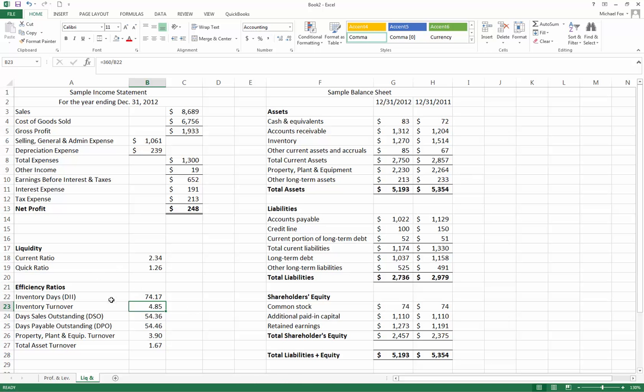The more times we're turning our inventory over in a year, the better. If you think about the formula for it, if I brought my inventory days down to 30, then my inventory turnover would be 12. Days sales outstanding, again, lower is usually better. The faster I can collect on what my customers owe me, the better. Days payable outstanding, typically higher is better in the sense that we'd like to take as long as we can and leave our cash working for us before we pay somebody.